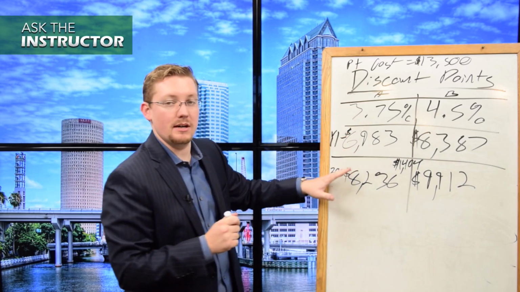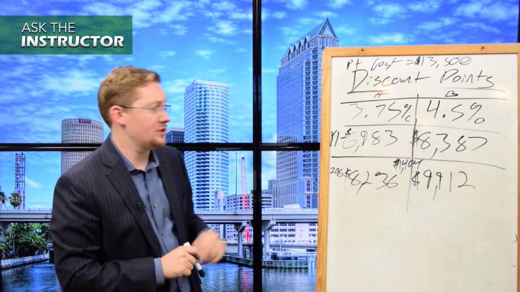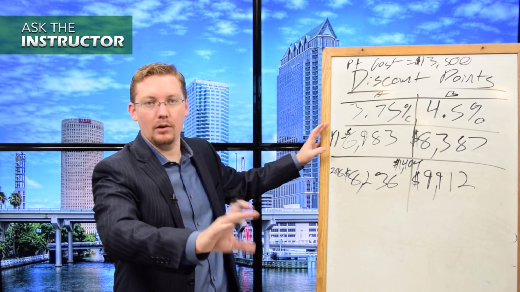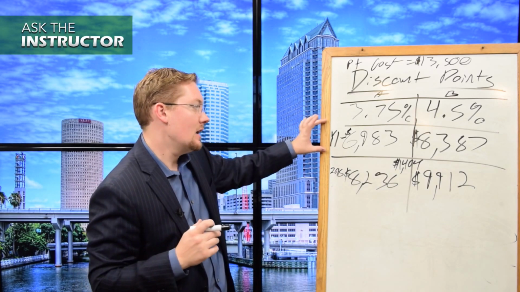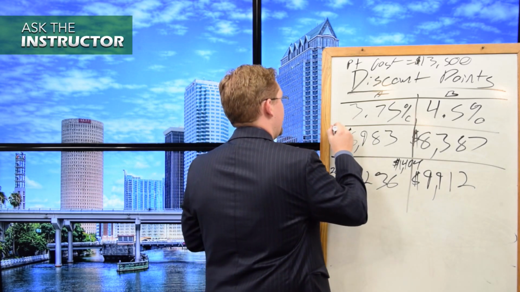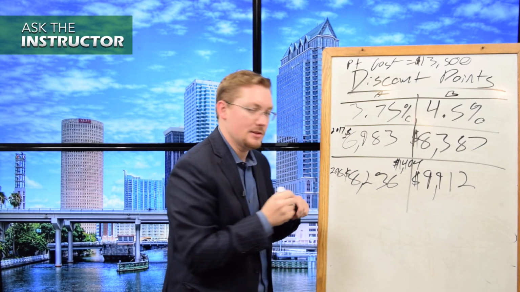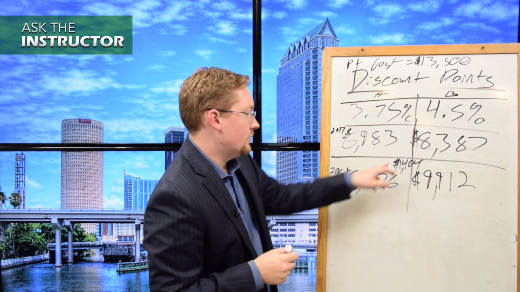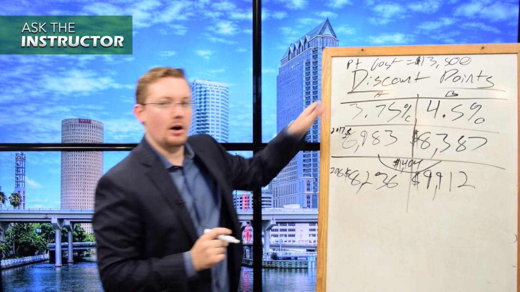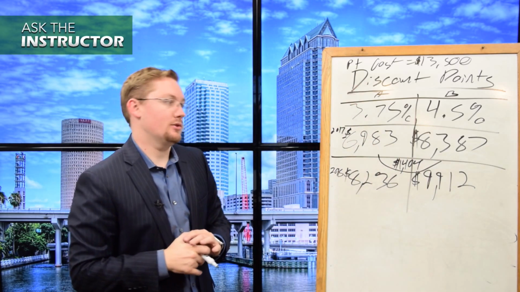This number should always be going down with the interest, but the calculator I'm using right now, and again, pay attention to the tools that you're using, is saying it's not necessarily year one. This is 2017. So this is a real-world calculator where it's going off of how many payments we have left during this year. So in 2017, we've got $1,404 that we're saving by doing that $13,500 worth of discount points.